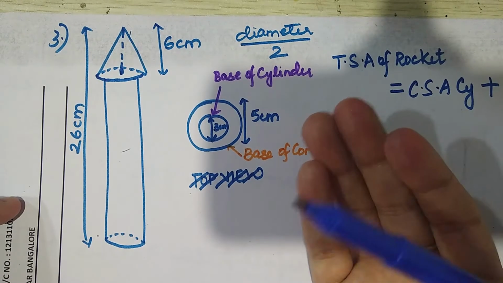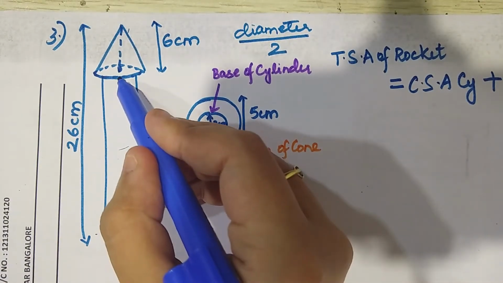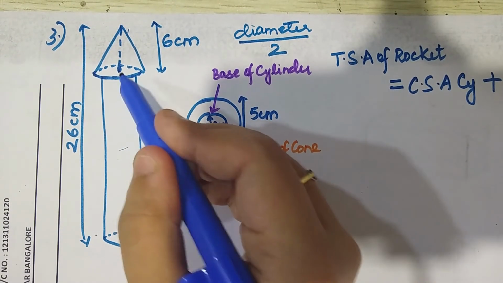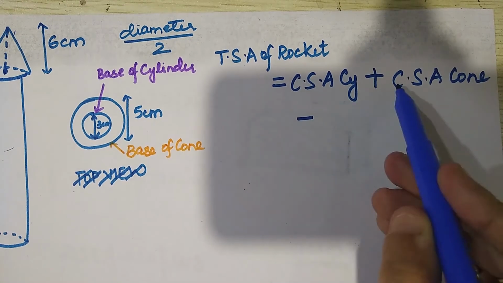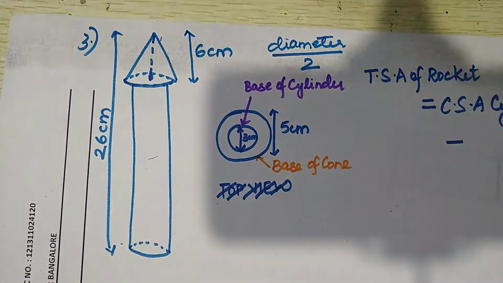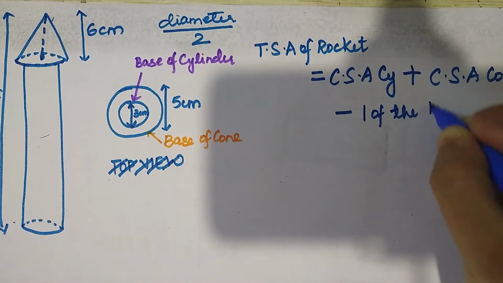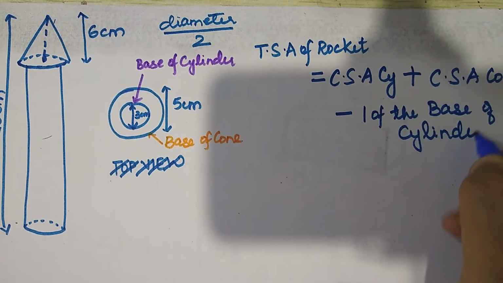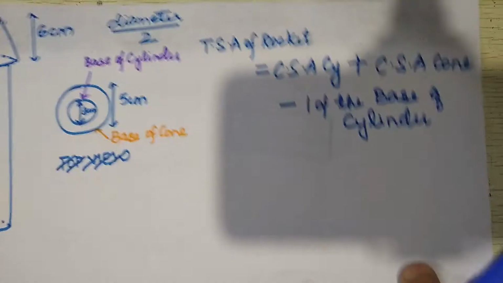Because that does not have to be painted, right? You cannot go inside of the base area and paint that region, because already the cone is placed on top. So that will have to be deducted. So what we can do is CSA plus CSA minus one of the bases of the cylinder, right? So this will give us the total surface area of the rocket.